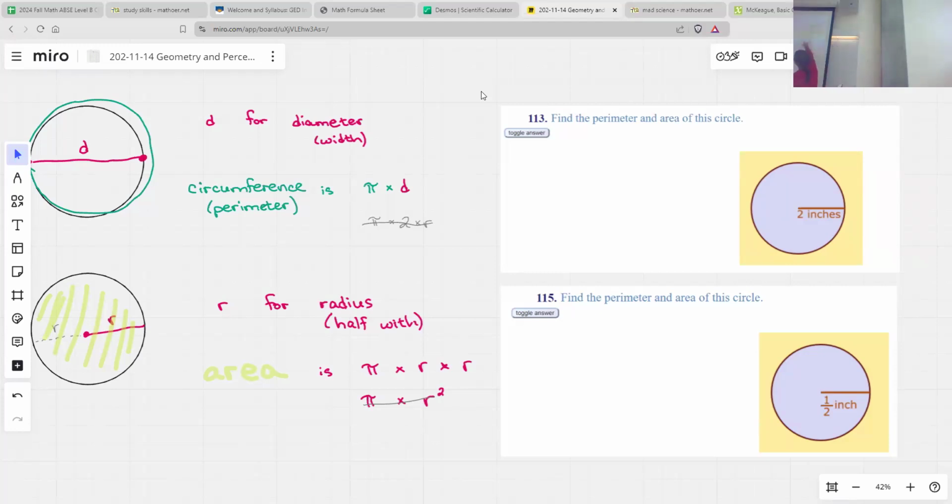So we have one where halfway across the circle, the radius is 2, and the other where halfway across the circle, it's a half. And it asks you to find both things, the perimeter and also the area. I'll pause for a minute.